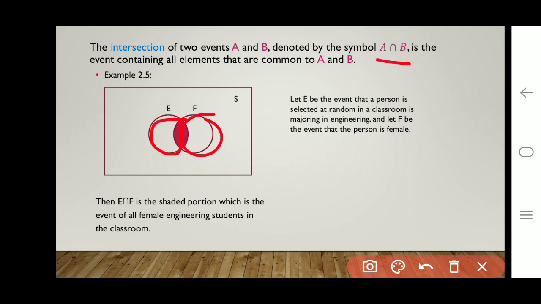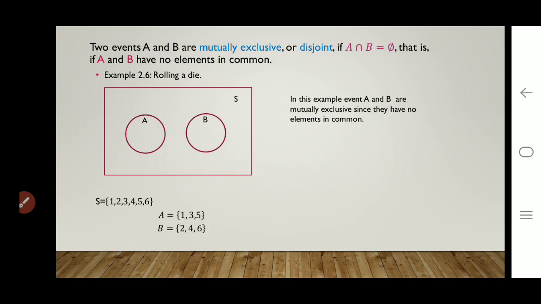Yung ibig sabihin ng shaded region dito, yung shaded portion dyan, ini-indicate na yung person na mapipili mo is majoring in engineering and at the same time, babae siya. So, ganun yung intersection.